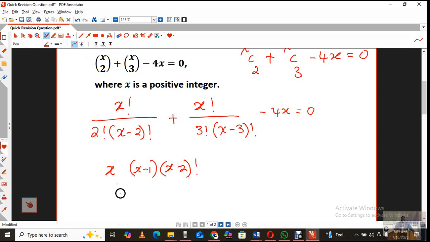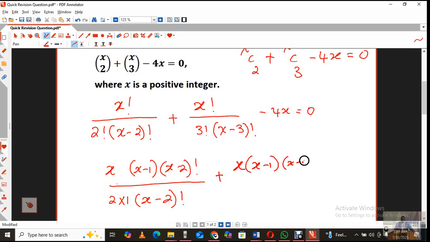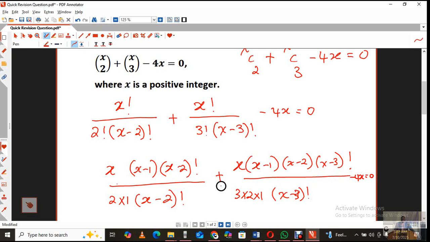That's where I'm going to end, all over 2 factorial, which is nothing but 2 times 1 times x minus 2 factorial. The same here, I'm going to have x minus 1, x minus 2, x minus 3 factorial as well, so that in the denominators the x minus 3 factorial is common, and this is 3 times 2 times 1, and then x minus 3 factorial. Don't forget the minus 4x equals to 0 over there.